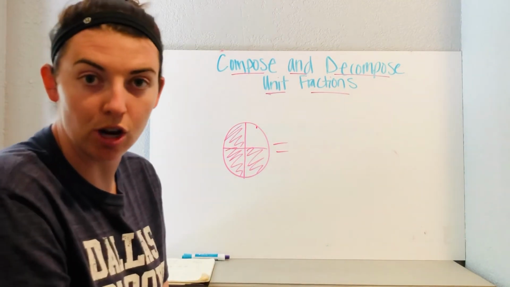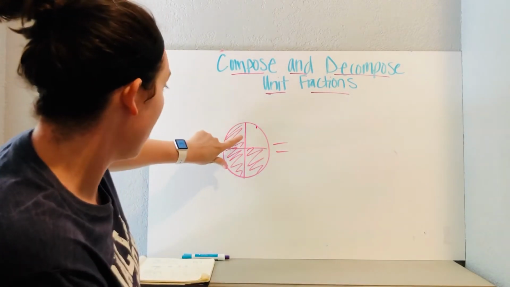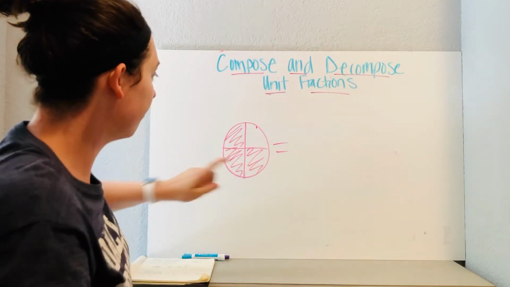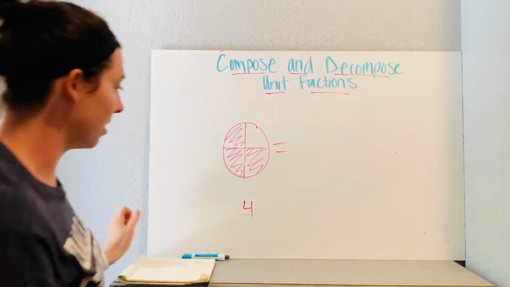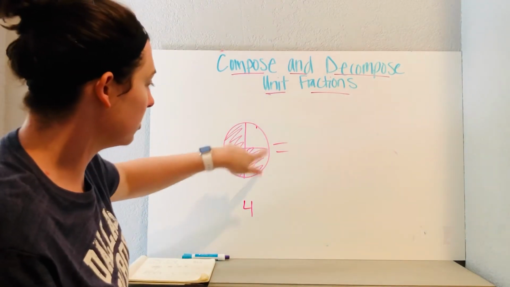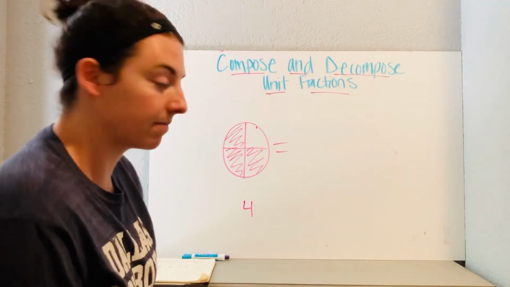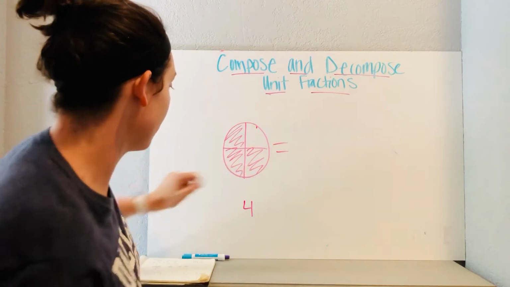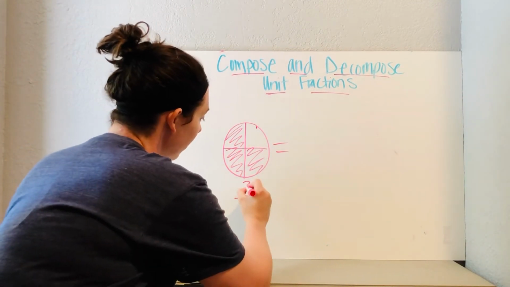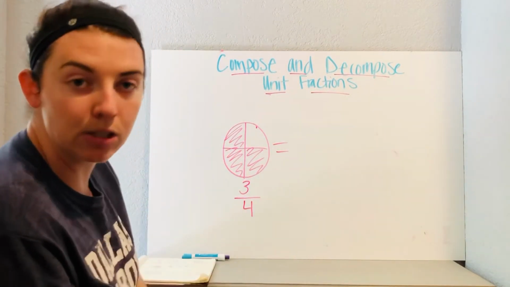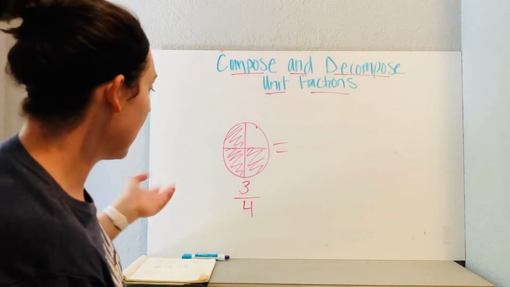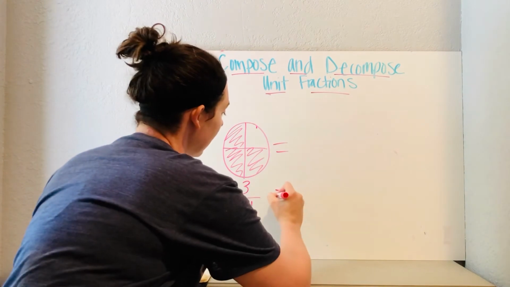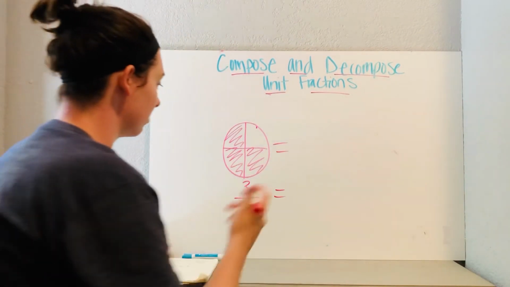First, let's come up with our denominator, okay? We have 1, 2, 3, 4. Okay, so we have 4 is our denominator. How many pieces are shaded of this pizza? 1, 2, 3. And we know that our numerator is the question. It answers our question. It's what it's looking for. So 3/4.